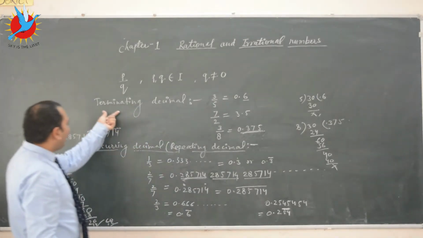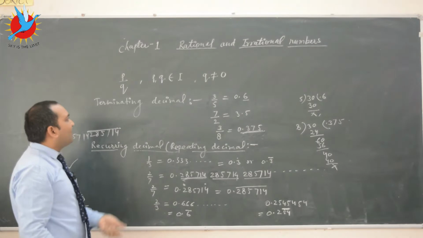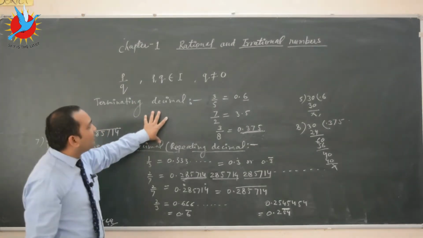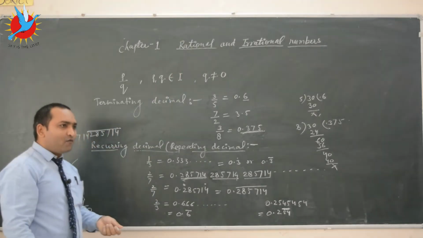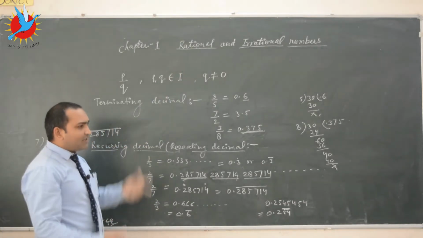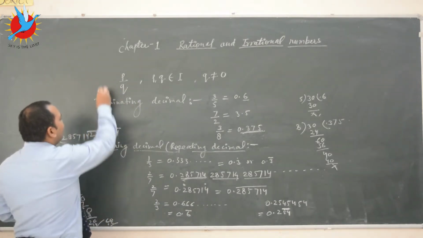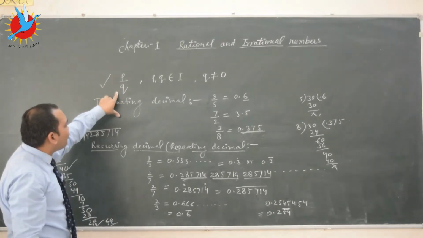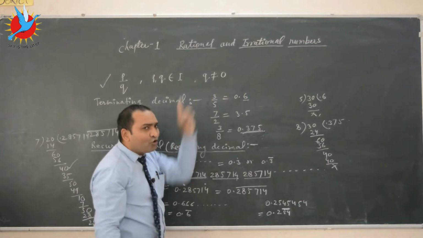So it is clear that terminating and recurring decimals, these are 2 types of decimals that are called rational numbers. So one more definition of the rational number. What is a rational number? First of all, we read about the definition. A rational number can be written in the form of P upon Q, where P and Q are integers and Q is not equal to 0.